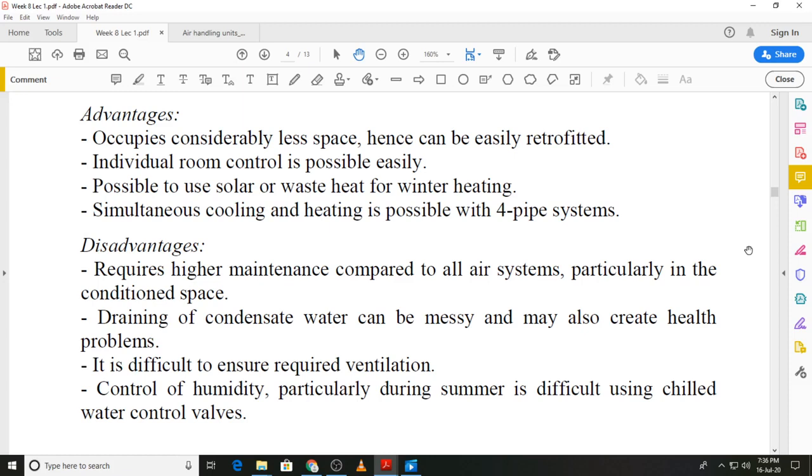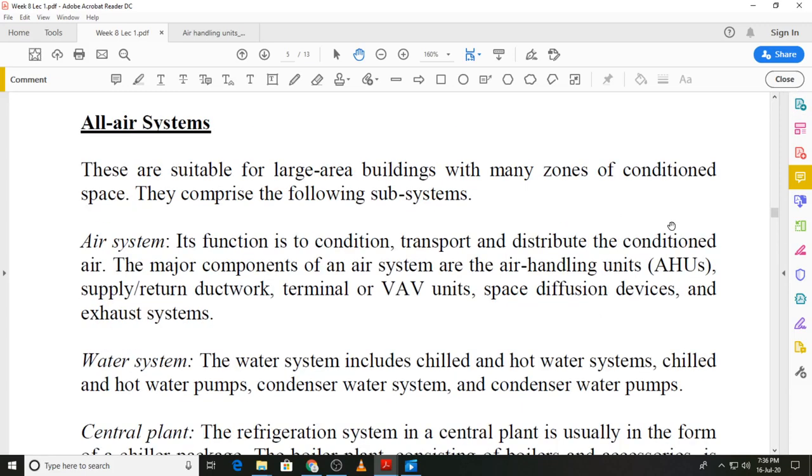systems. The most widely used system is the all air system, and that is the type of system that we are now going to look at, and we will go into more details of the all air central air conditioning system. These are systems for large area buildings with many zones of conditioned space.